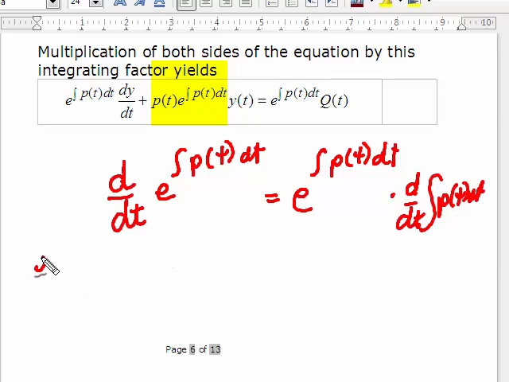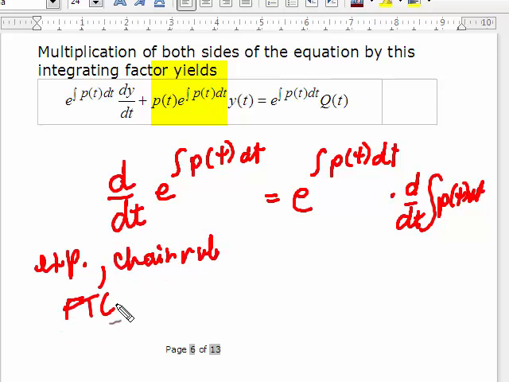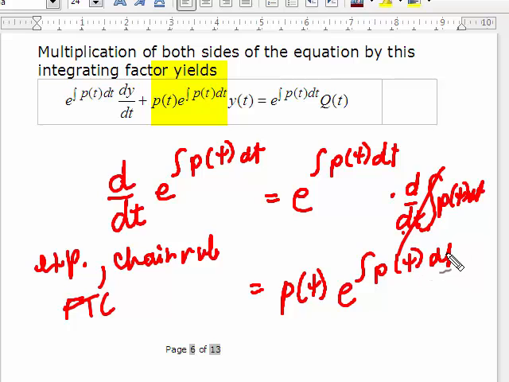Okay, so I use the exponential rule, I use the chain rule, and now I'll use the fundamental theorem of calculus. The fundamental theorem of calculus says if I took the derivative of this particular integral, they're inverses of each other, so I end up with p of t times e to the integral of p of t dt. Hope you can see that.